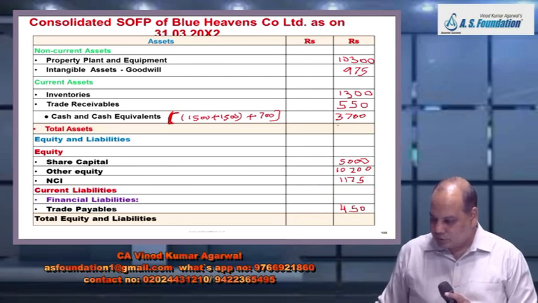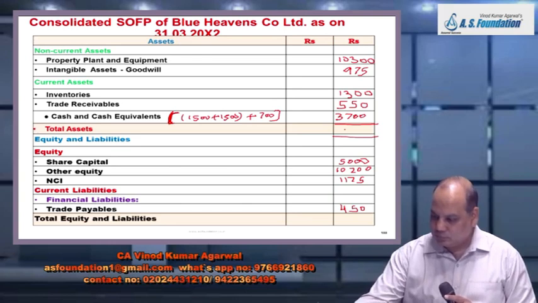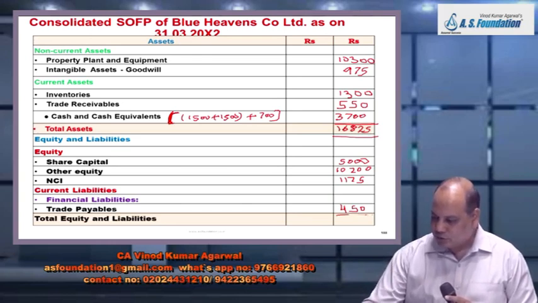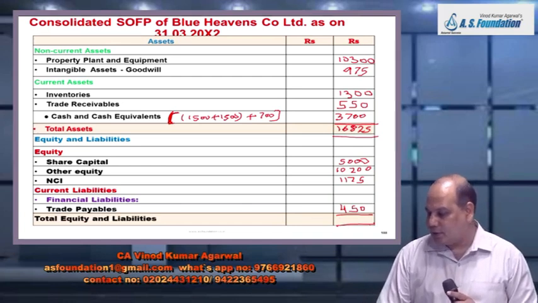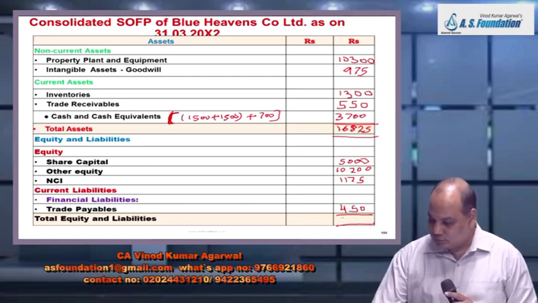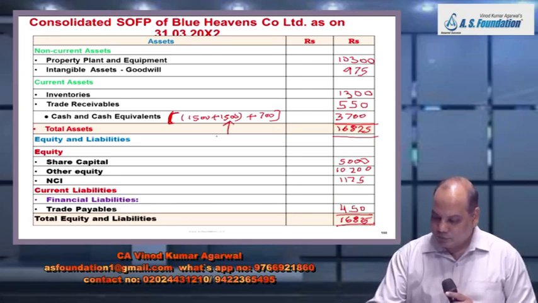Okay. Now just check the total of the asset side. 16,825. Check the total of the liability side. 16,825. So just remember this cash balance we have increased, for 25% of 6,000 we have saved.